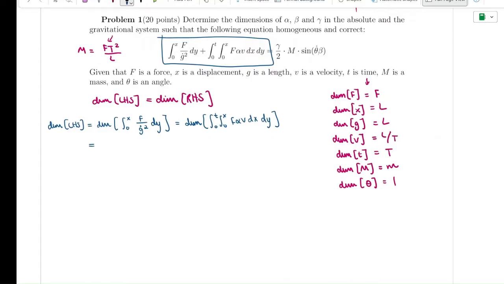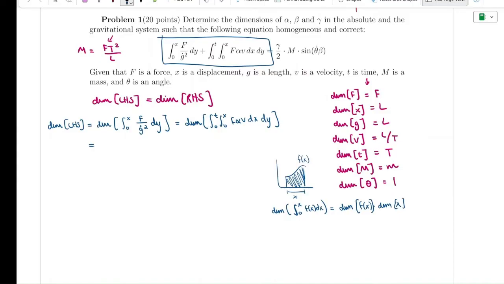So recall that an integral is really just a curve, say f of x, and it's the area under the curve for some distance x. So the dimension of an integral from 0 to x of f of x dx is just equal to the dimension of f of x times the dimension of x.